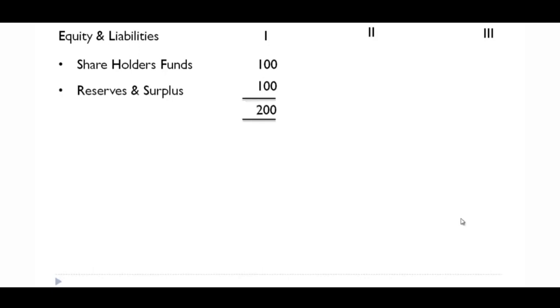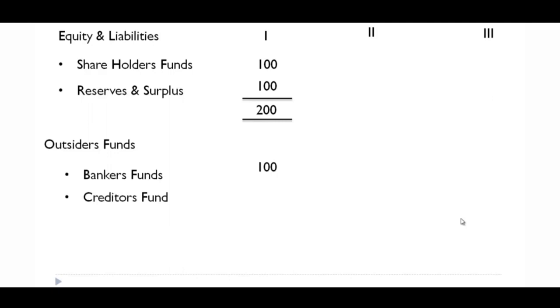So the total shareholder funds is 200. And outsider funds: the banker funds are 100 and creditors funds are 100, so the total is 200. So here you have a total liability of 400: 200 of shareholders funds and 200 of outsiders funds.